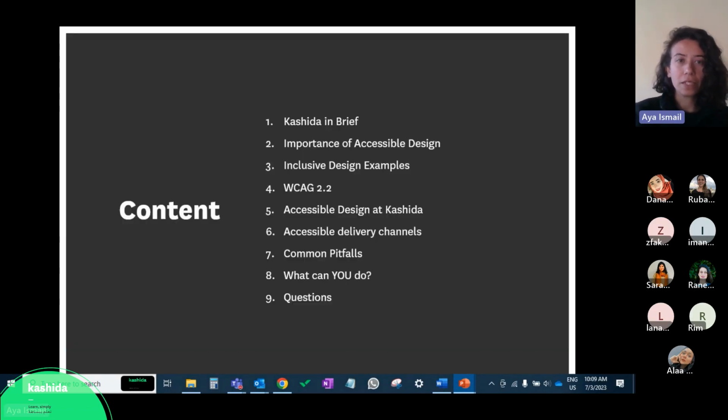And what we'll be covering is, first of all, a brief about Kashida, specifically more for Reem than for the interns. The importance of accessible design. We'll show a few design examples that you'll be able to answer questions about on what is and what isn't inclusive design.